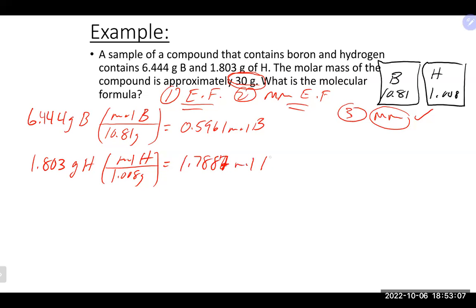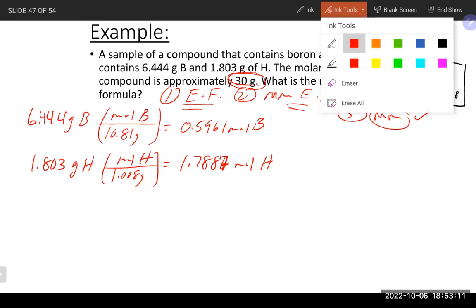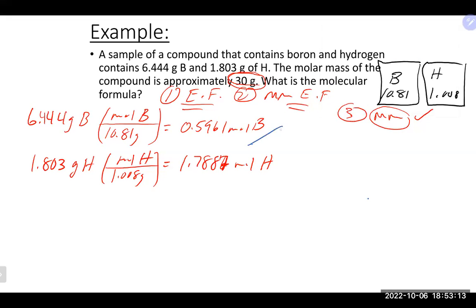In this case, we're going to divide by boron, which is the smaller number there. So everybody's going to get divided by our boron. That gives us 1 for boron, and 3 for hydrogen. Since we hit whole numbers, that would be our empirical formula. BH3 would be our empirical formula.